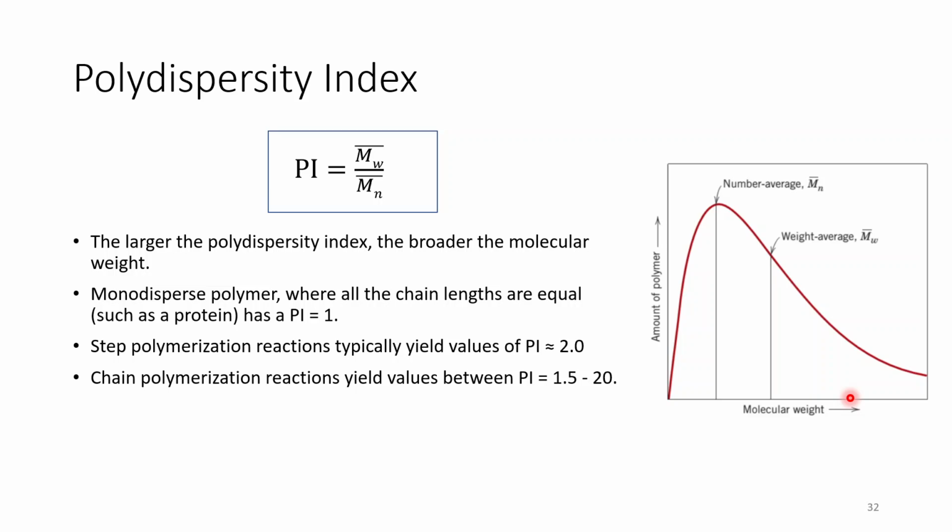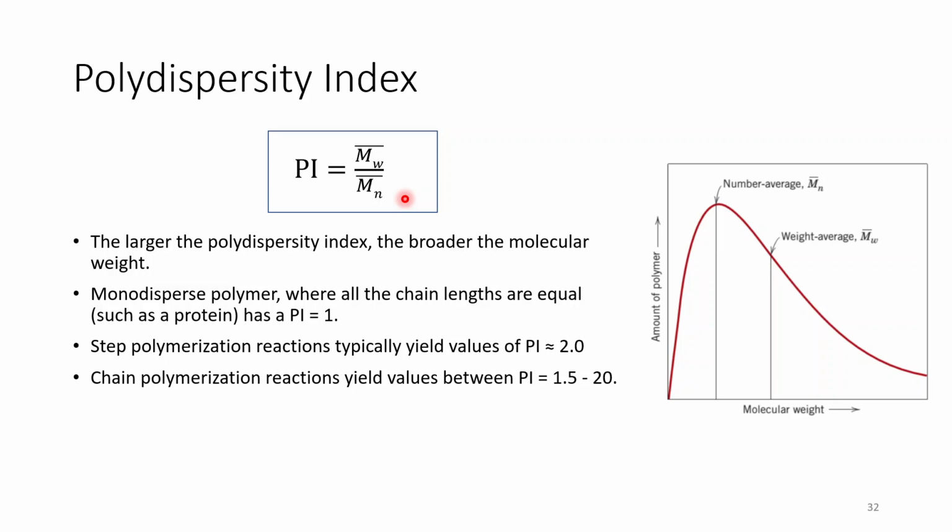Next is polydispersity index. So PI is given as the weight average molecular weight divided by number average molecular weight. So the larger the polydispersity index, the broader the molecular weight.